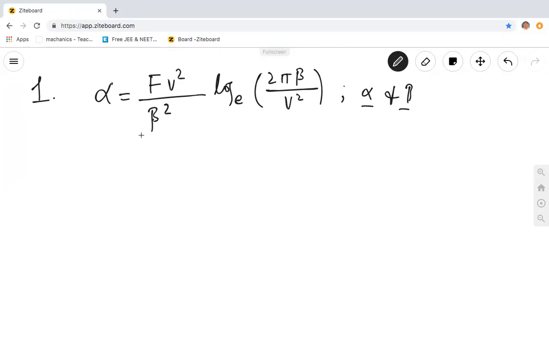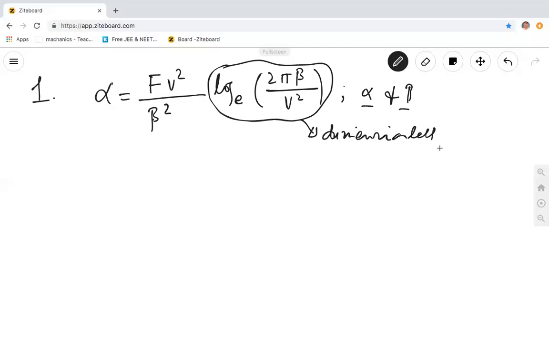Now, look at this very carefully. The log of this whole is dimensionless. Log of anything is dimensionless. Log operates on this, and this argument, 2 pi beta by v square, is also dimensionless.